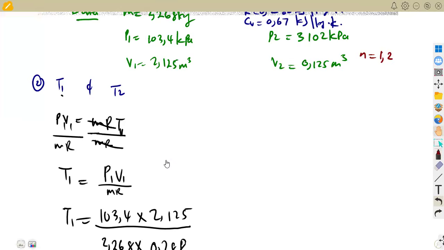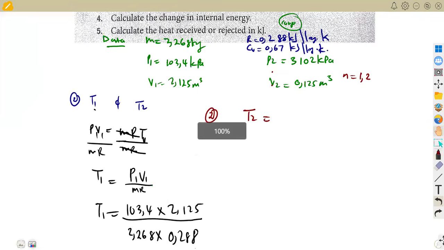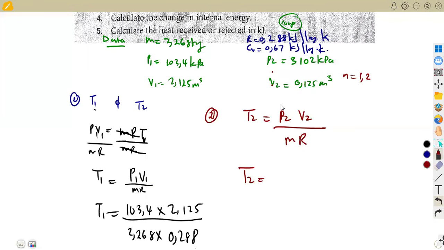So with the same calculations, I think we can do the same thing. PV, R there. So you're going to do the same thing on the other side to calculate T2. So our T2, just going to substitute here, exactly how it was supposed to be from this formula. It's going to be P2 V2 over MR. So that's your T2. P2 already we have it, 3,102 times V2, also 0,125.